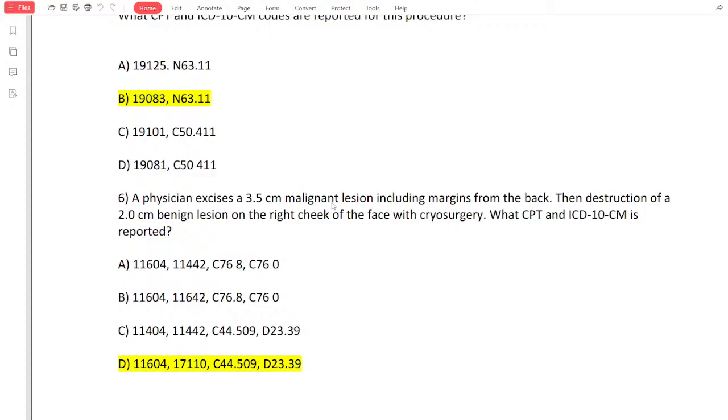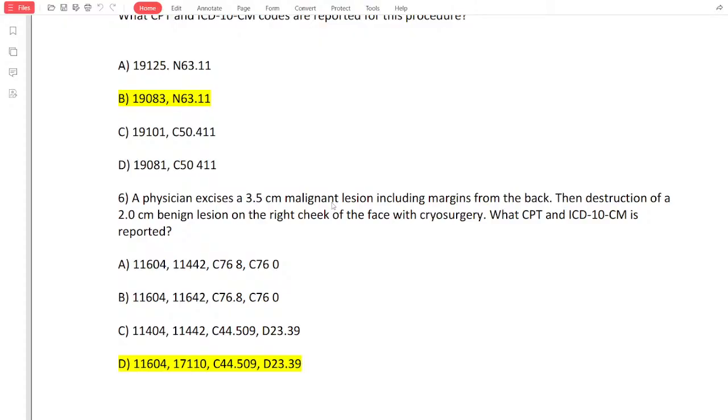The physician first excises a 3.5 centimeter malignant lesion with margins from the back, then cryosurgery at the right cheek of the face.